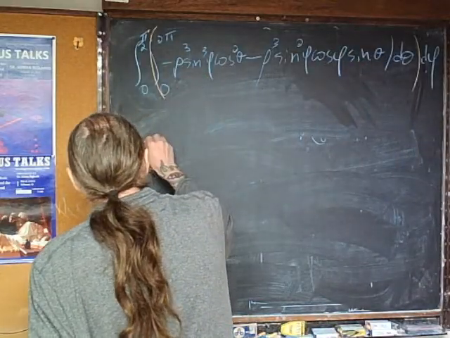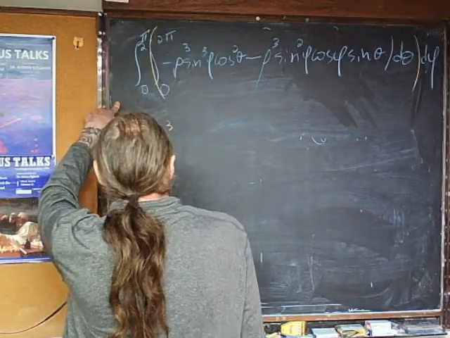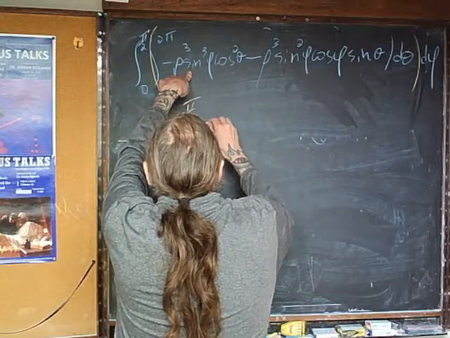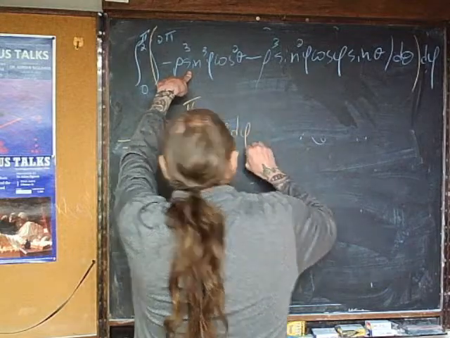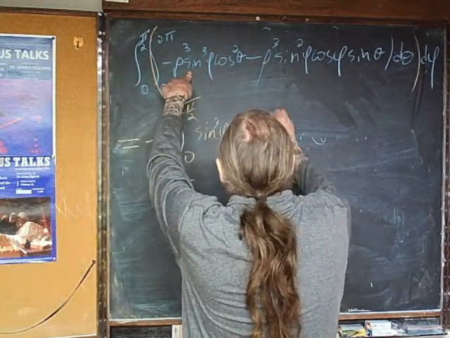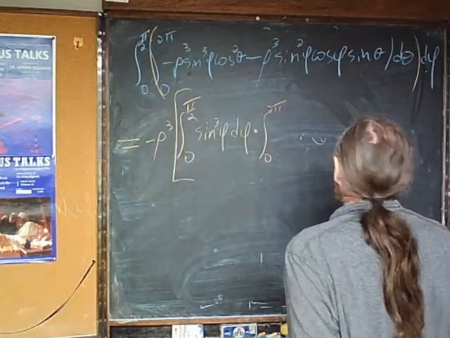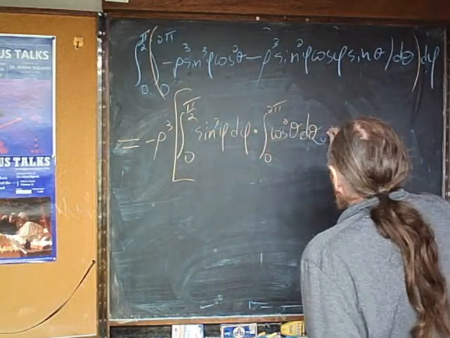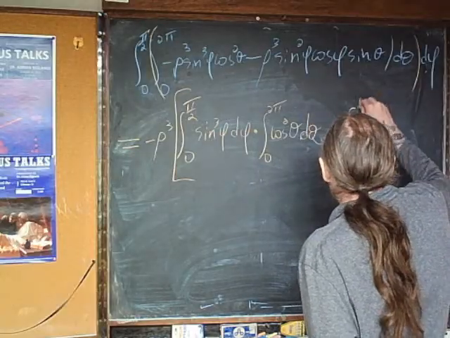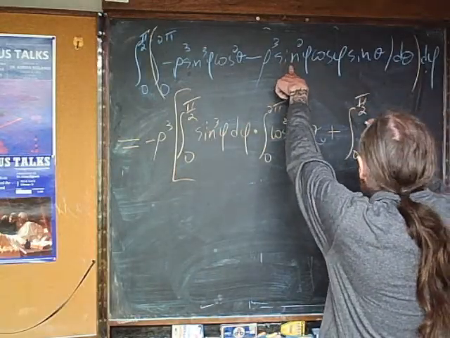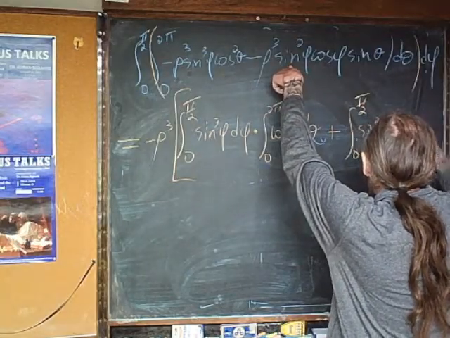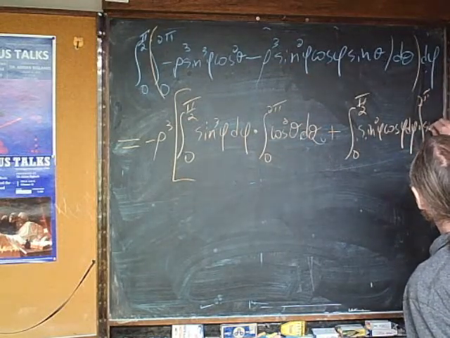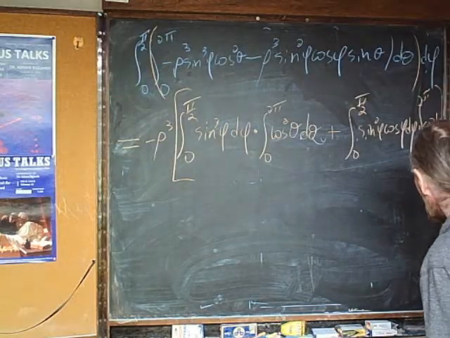We can write this as negative rho cubed on the outside times the integral from 0 to pi over 2 of, in the first one we have sine cubed phi d phi times the integral from 0 to 2 pi of cos squared theta d theta plus the integral from 0 to pi over 2 of sine squared phi cos phi d phi times, I ran out of room, the integral from 0 to 2 pi of sine theta d theta, square bracket.